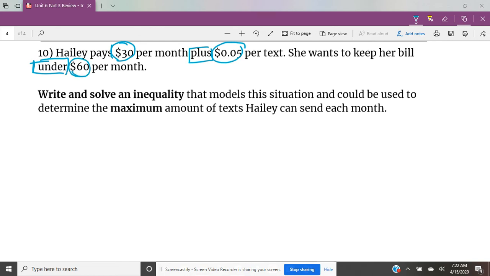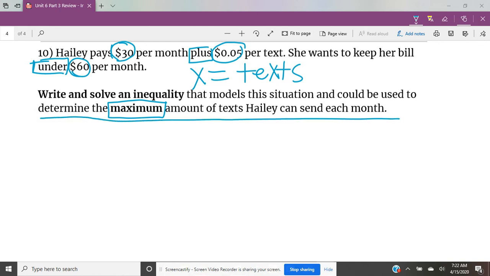Since we're only talking about 1 month, X is going to equal texts. We want to determine, this is actually my question, the maximum number of texts. We're starting with a base payment of $30, and we're adding 5 cents per text.